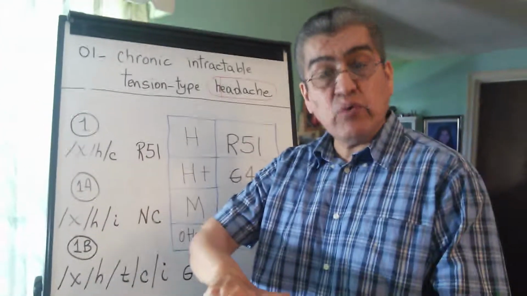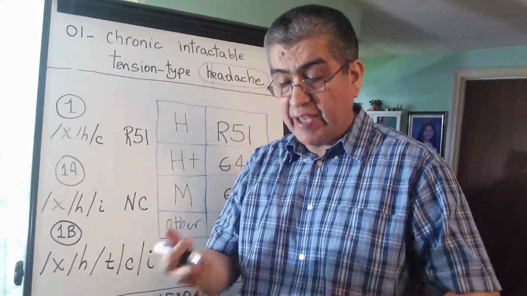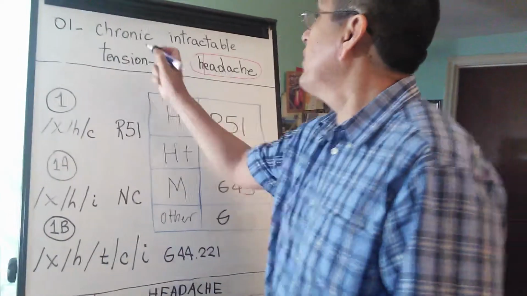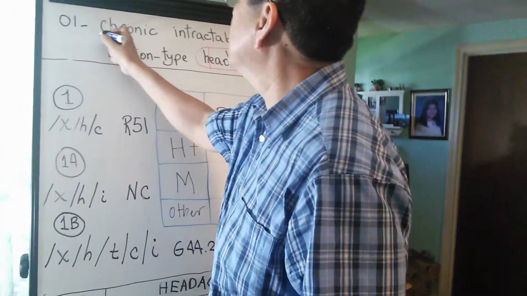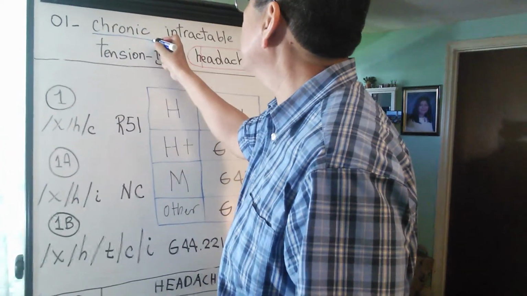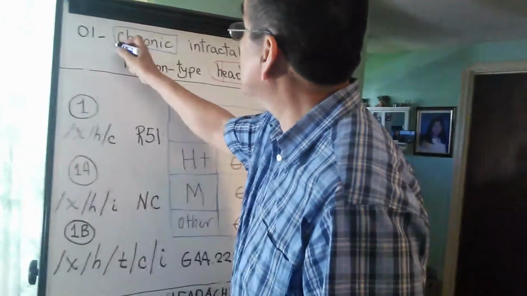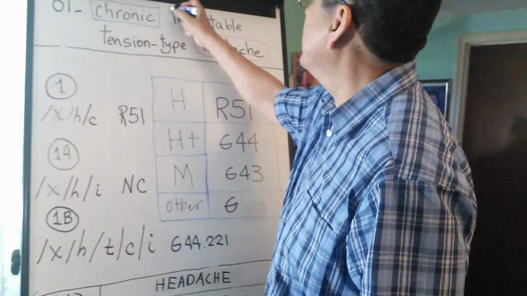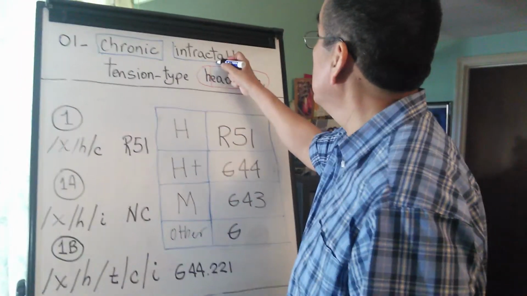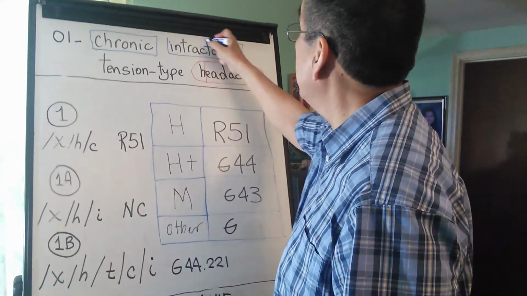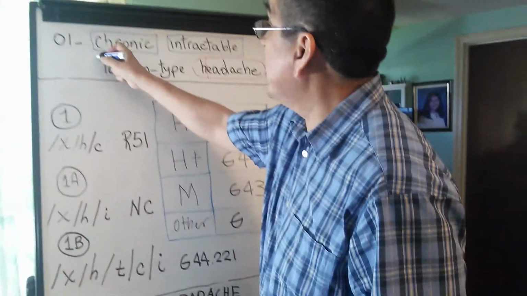Now, the other keywords, we're going to identify them with blue marker and with squares. Not circles, but squares, you see? It has corners. So this is chronic, and it's also intractable, and it's tension type.